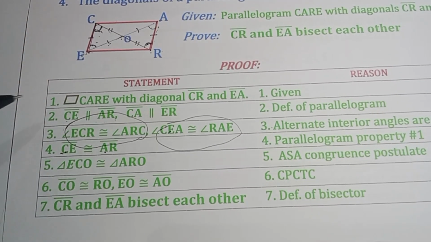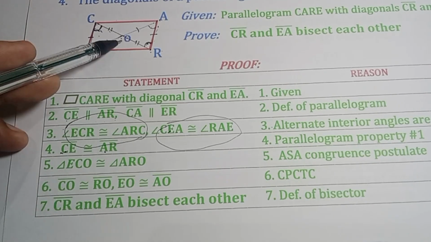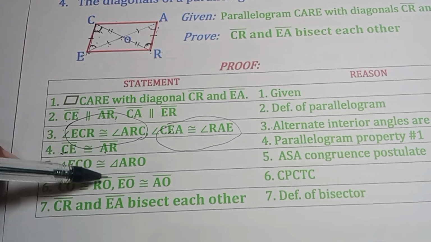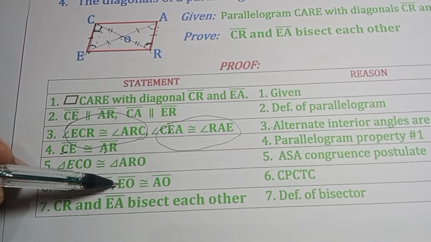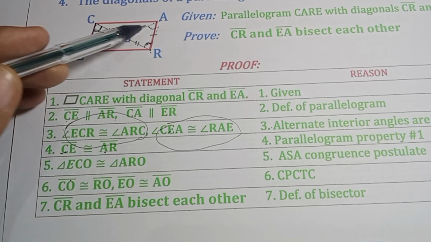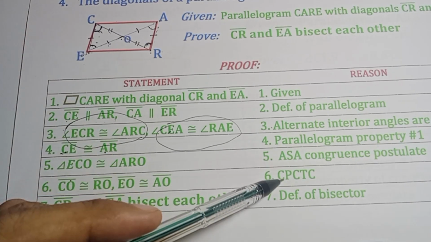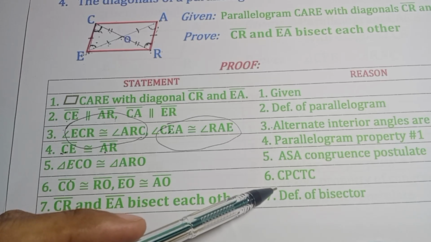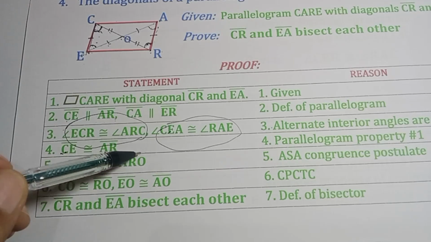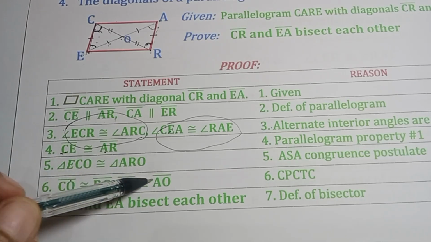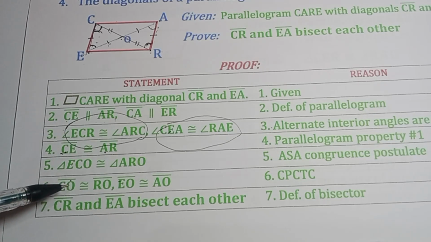So we write CO is congruent to RO, this one, and segment EO is congruent to AO, this one. CPCTC is our reason: corresponding parts of congruent triangles are congruent, because we already have two congruent triangles.